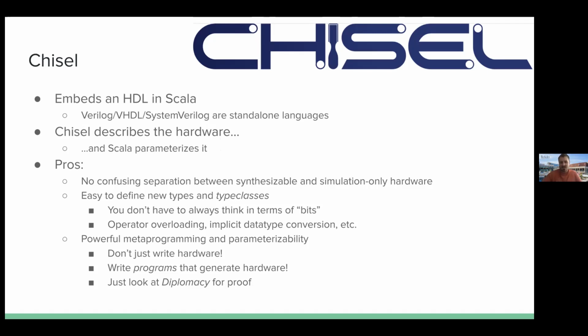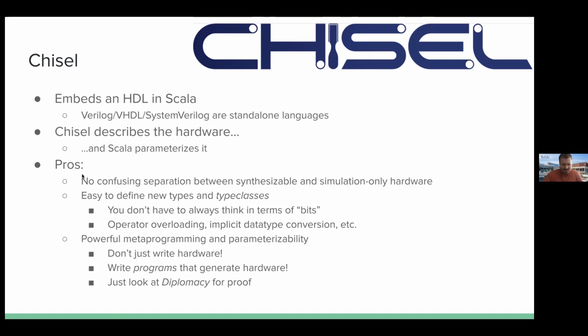So the general purpose language manipulates the hardware descriptions that you've written. And this means you don't just have to write individual circuits, individual hardware designs anymore. Rather, you can write programs that will generate a whole class of hardware designs based on your parameters. And this can be really useful.